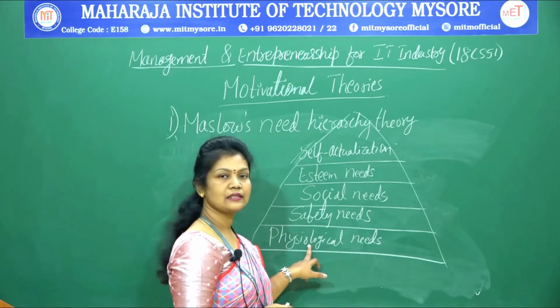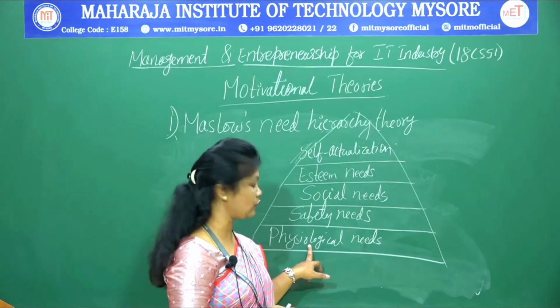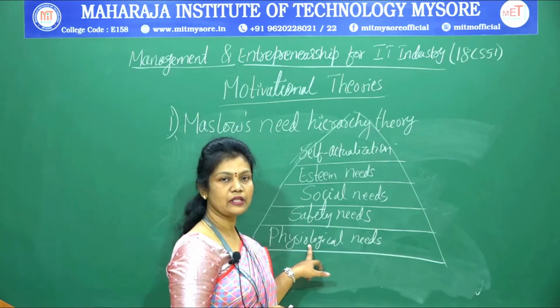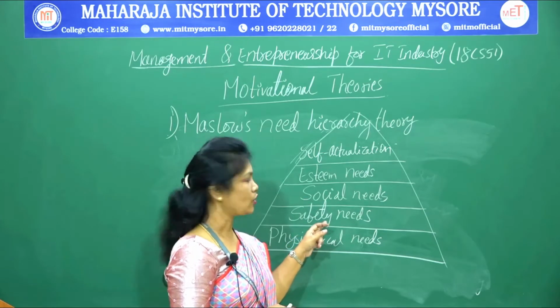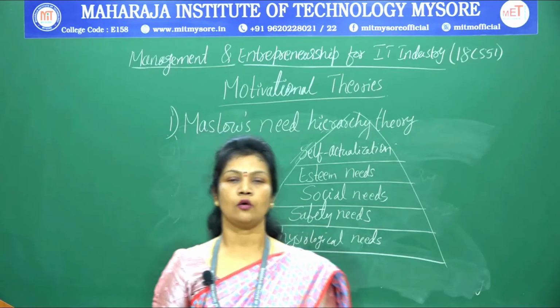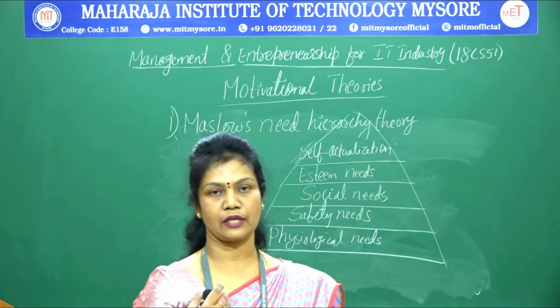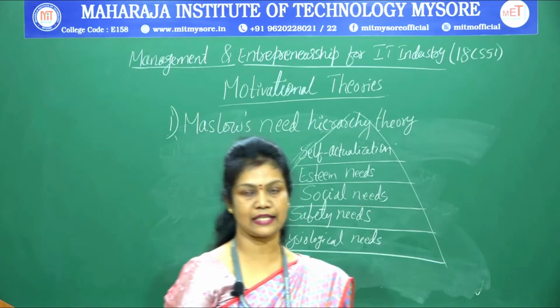So once the physiological needs are fulfilled, then the human can look into the next need called the safety needs. So here all the employees who will be working for any organization want to have their safety.